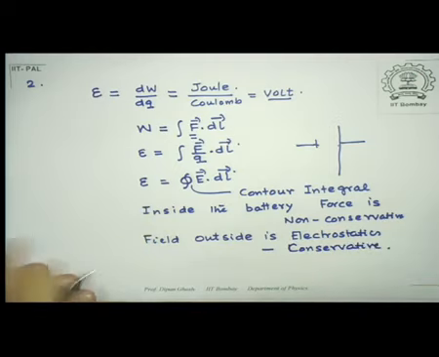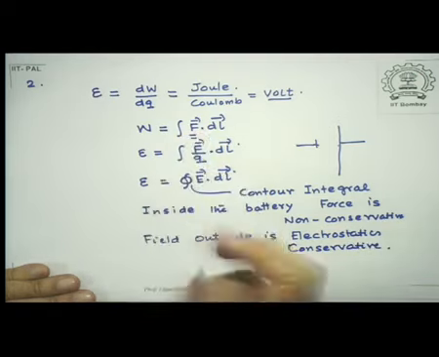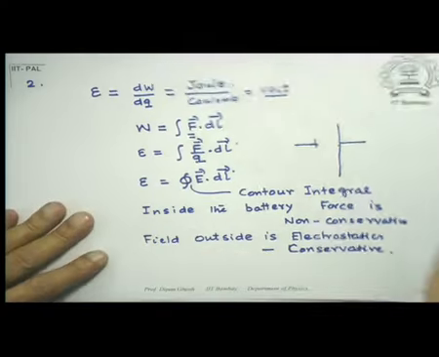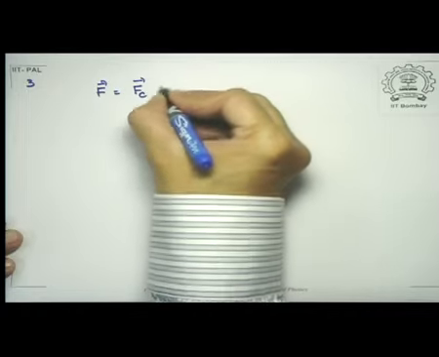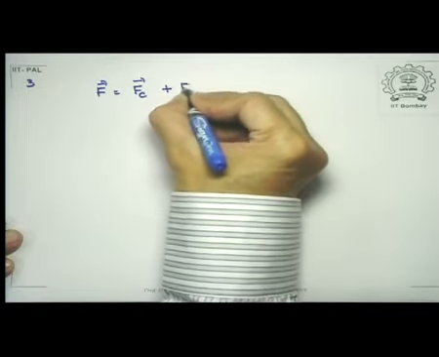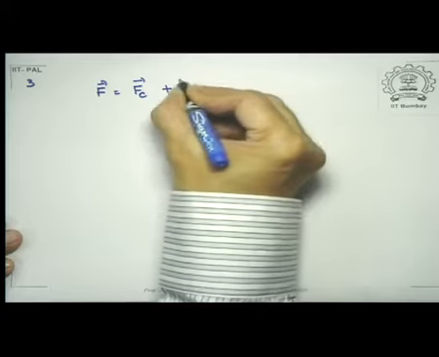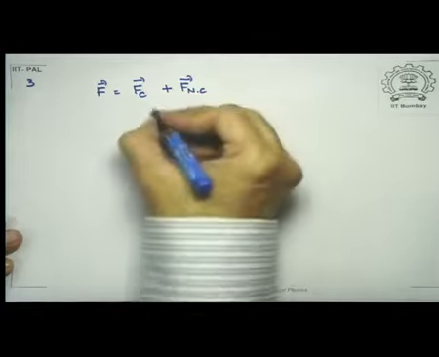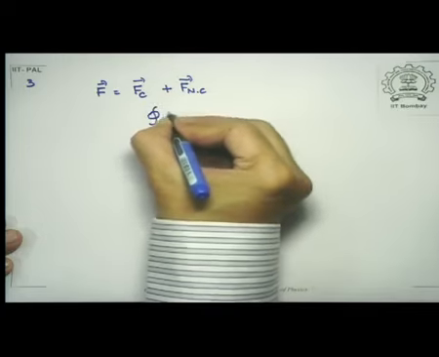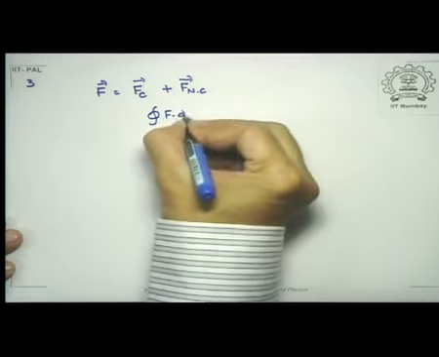So therefore my force has two components. One is a conservative, or electrostatic, part, which is outside, and a non-conservative part, which is inside. Now I also know for the conservative part, integral F dot dl is equal to 0.